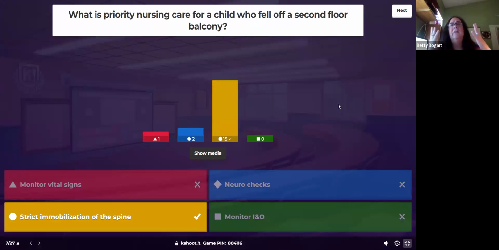Priority is keeping that neck and that body immobilized. Absolutely. The second priority is keeping the child calm. Why are you strapping me down? They actually tape the forehead to the boards, and they put a neck collar on, and they tape these kids to those boards to keep them straight. It is scary.